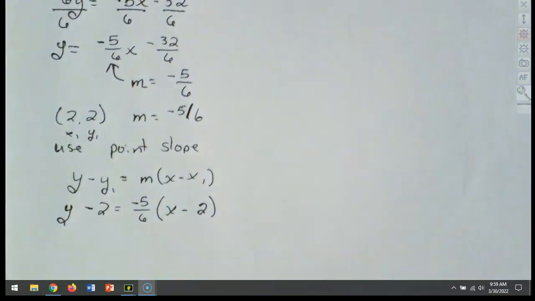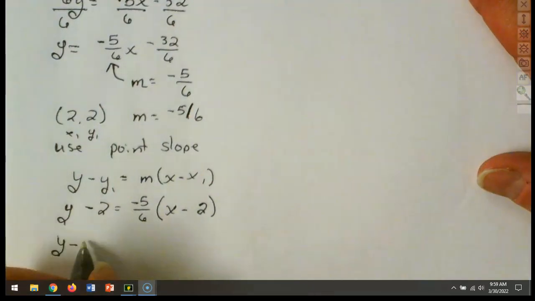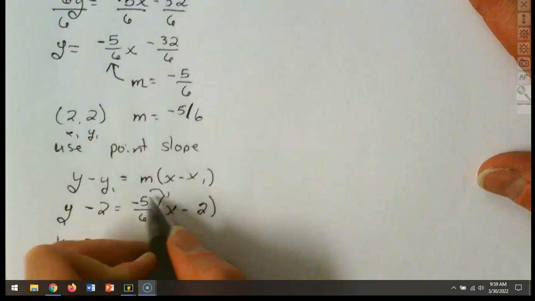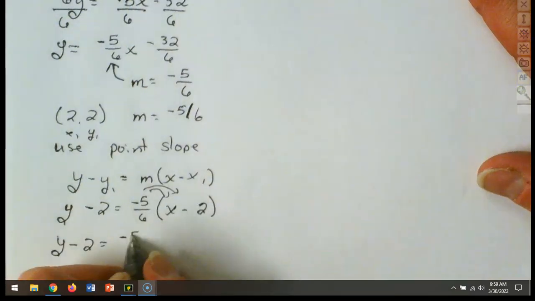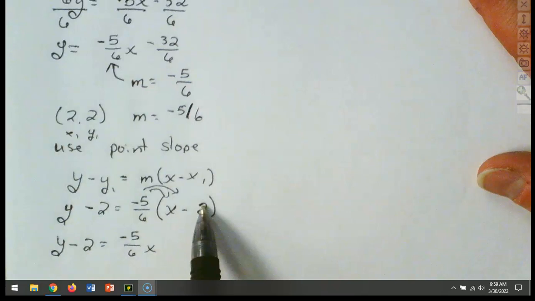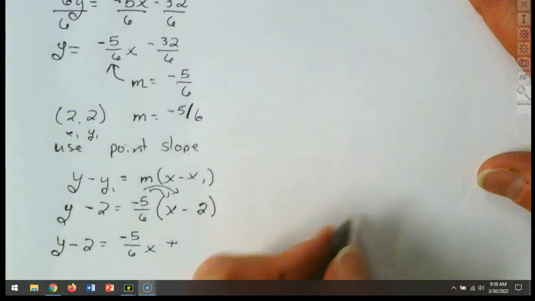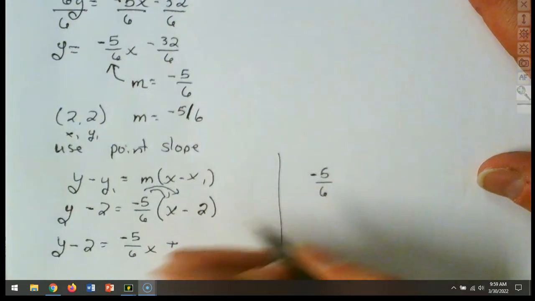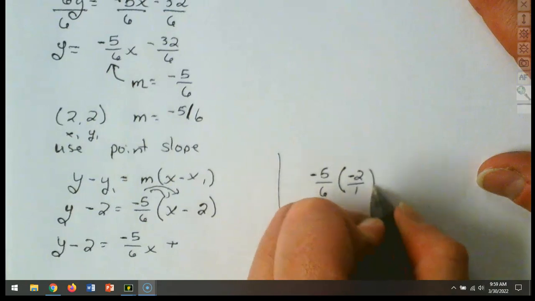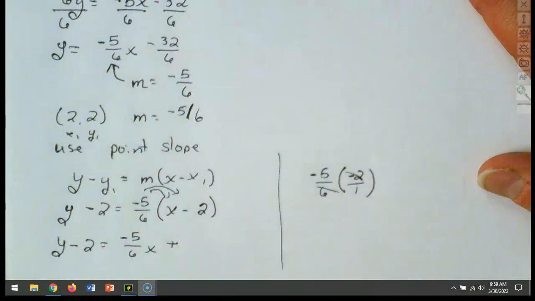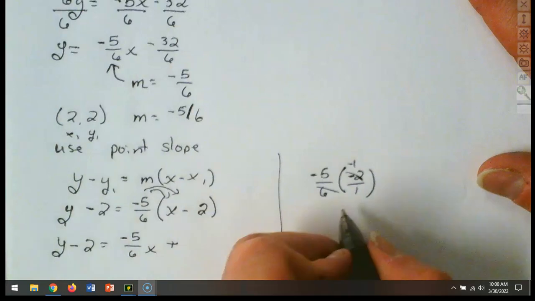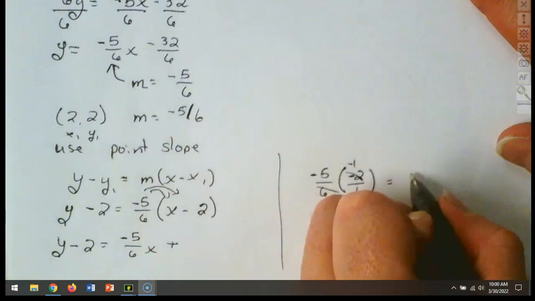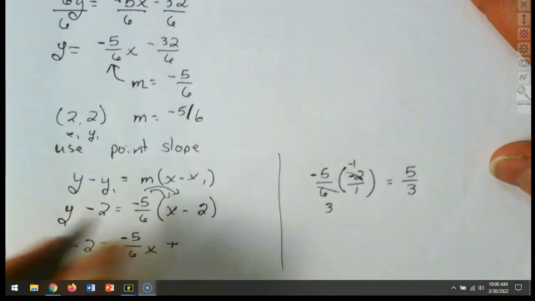And we're going to reduce that fraction down when we distribute through. And that's going to be y minus 2 equals, we'll reduce this down a bit here, negative 5/6 x. Okay, negative and negative makes that positive. If you struggle with fractions, write it over the side. And you can see you can cancel there. Okay, that's going to make that a 1 and a 3. And so that would be then 5/3.